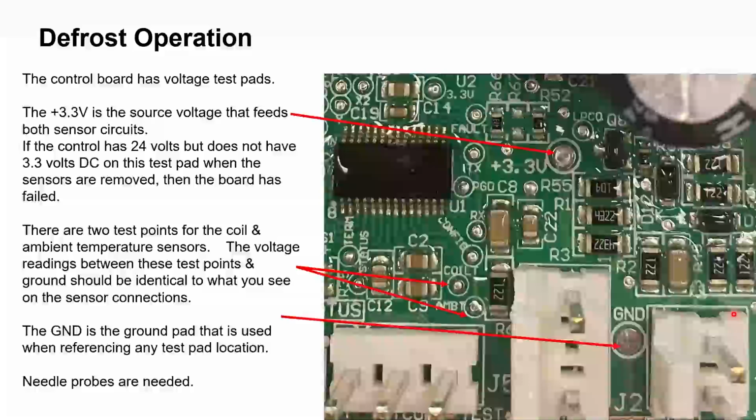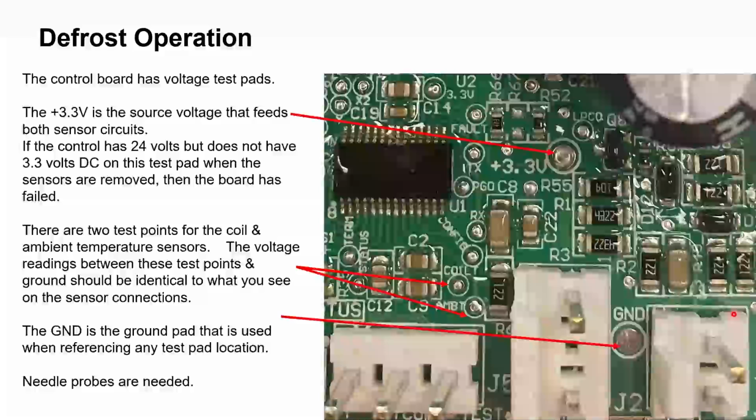You can always verify the sensor by going to the plus 3.3 solder dot here and to ground right here, or you can remove the sensor and measure across the terminals. With the sensor removed, you should get 3.3 volts between these two terminals. Same with these two terminals. These are our force defrost terminals and test point terminals.